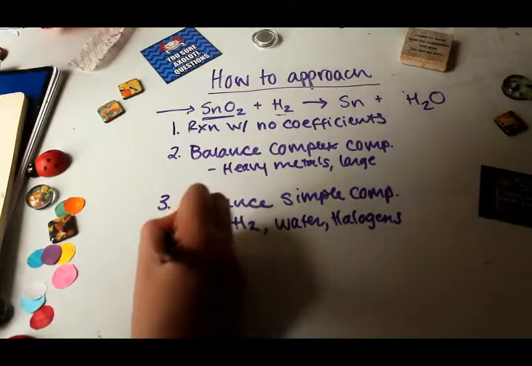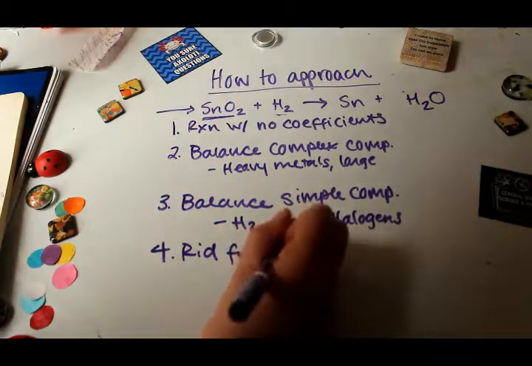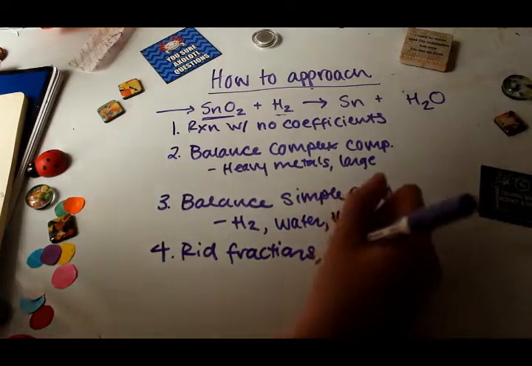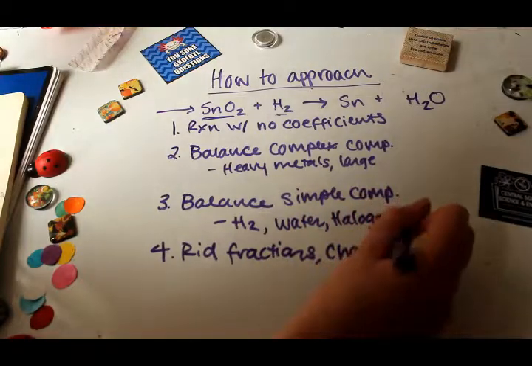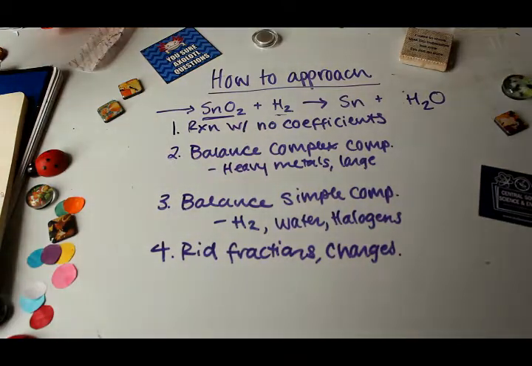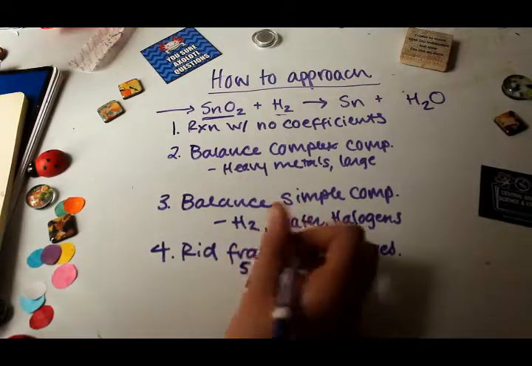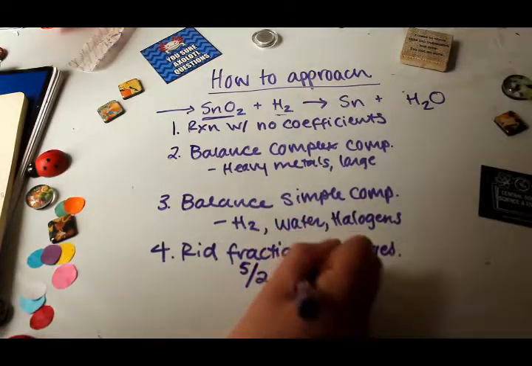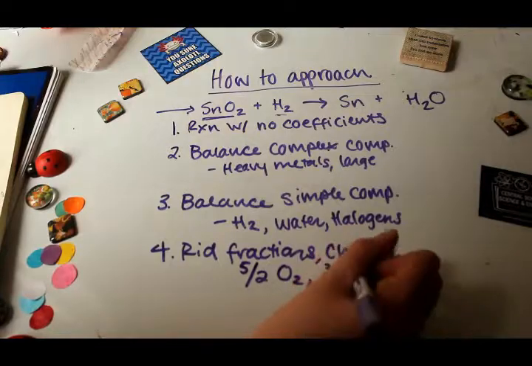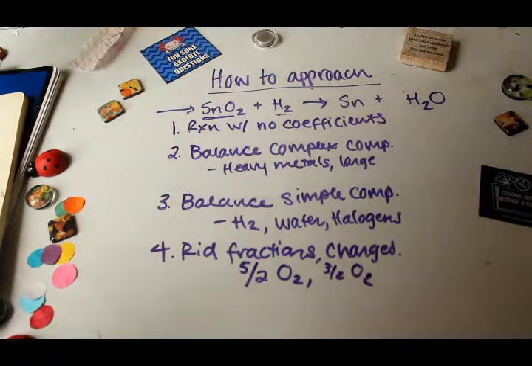And then finally, you're going to get rid of any fractions or charges, if any of them are ions, unless specified otherwise. Your professor might want you to leave it as a fraction or charge. Sometimes they want to see like 5 halves O2, 3 halves O2, just because oxygen itself is a diatomic molecule.